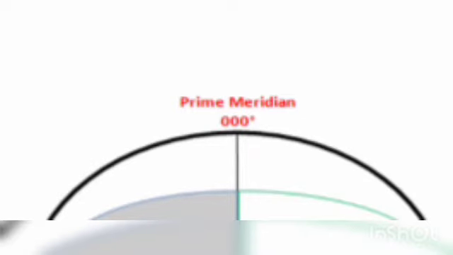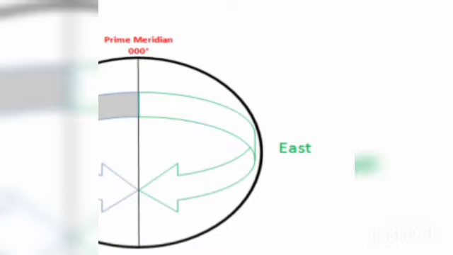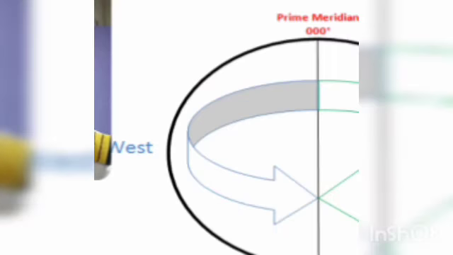So we have here the prime meridian, the 0 degrees, and on its right side we have the eastern arc, and on its left side we have the western arc.